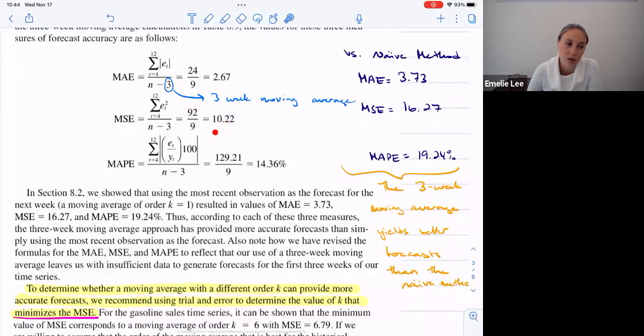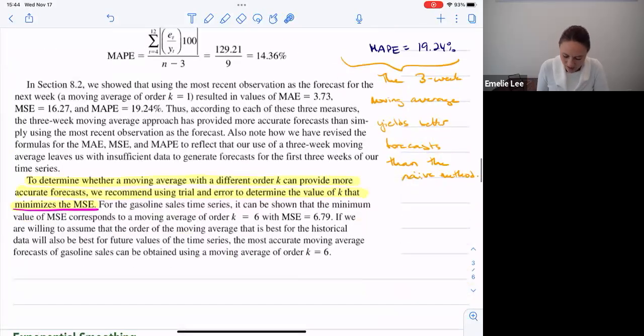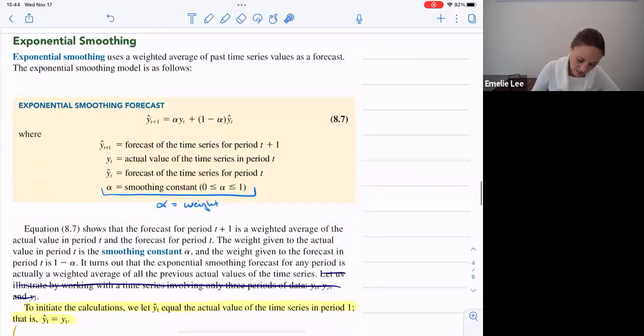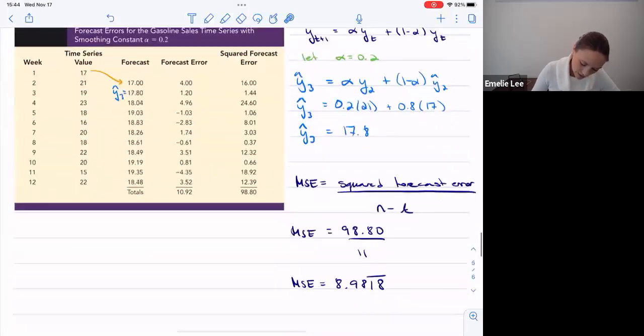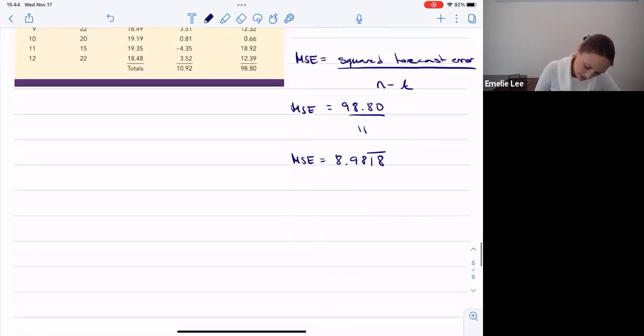Because it has a smaller mean squared error. But compared to the moving average with k equals 6, the 6-week moving average, it reduced the mean squared error to 6.79. So it would still be the best forecasting method in this case, right? So it's a lot of compare and contrast.